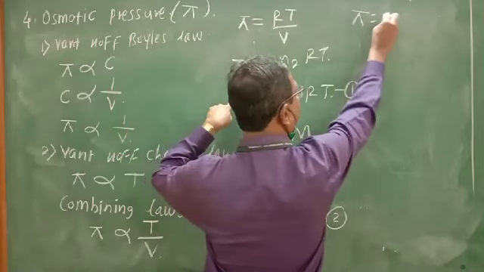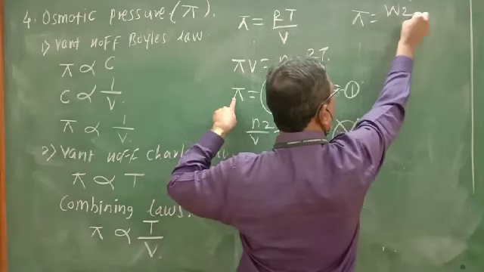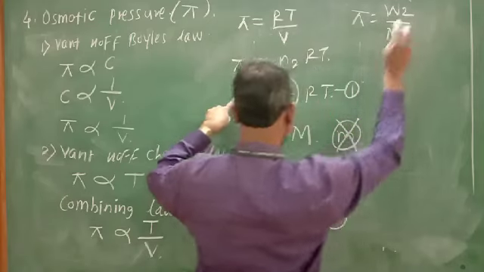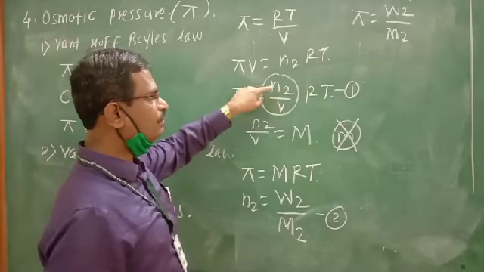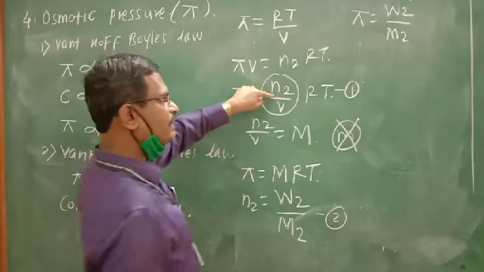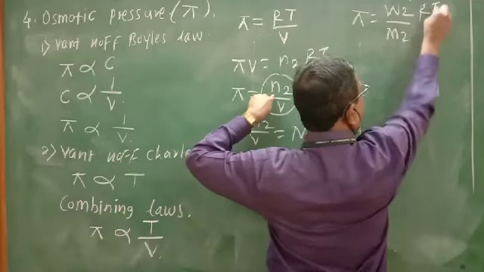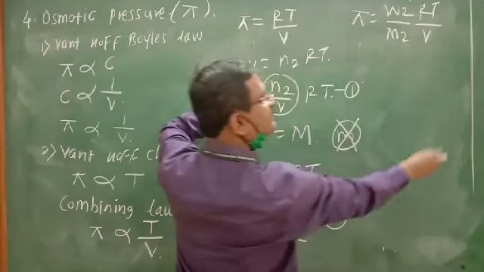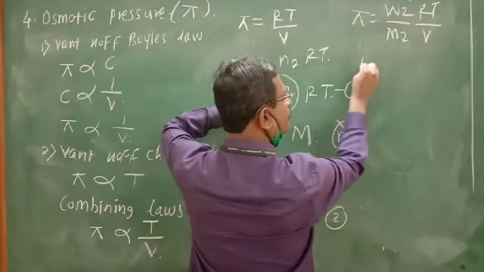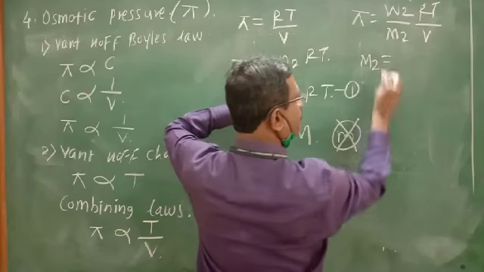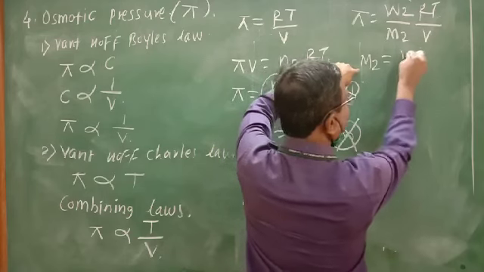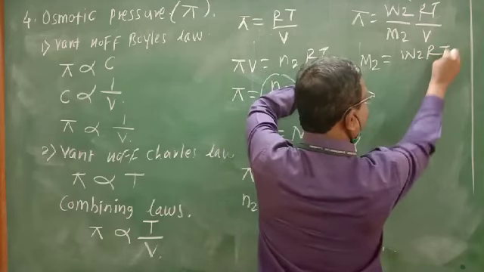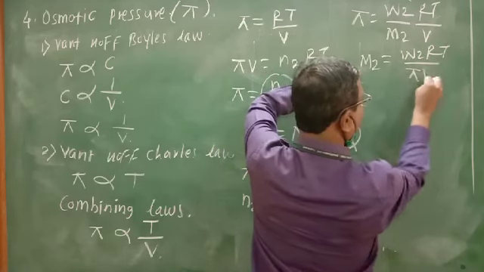We will get pi is equal to W2 upon M2, this is for N2, into RT upon V, and from this final equation we will get the molar mass of non-volatile non-electrolyte solute, M2 is equal to W2RT upon pi V.